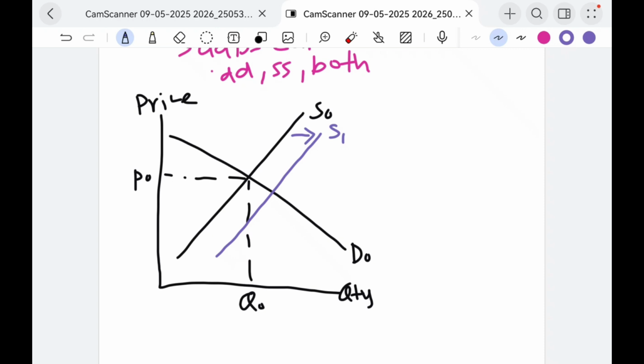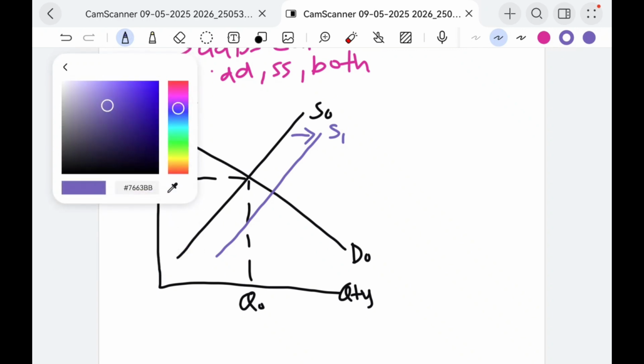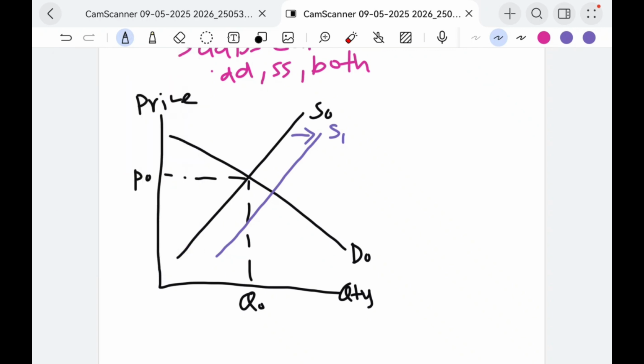Then on the other hand, you have a rightward shift in your demand curve as well, assuming that perhaps there is an increase in income of households, which then increases people's purchasing power and then increases their demand for goods and services. So here now, we will also identify the new equilibrium. In this case, it is at P1 and Q1, where the two new demand and supply curves intersect.